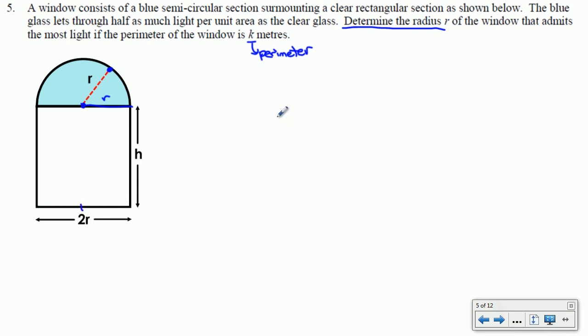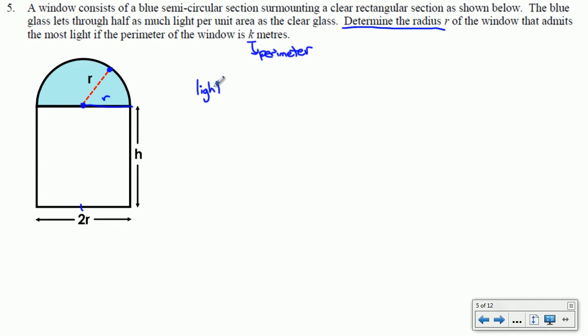So first we can start off with a little bit of unit analysis. We have light per unit area to deal with. So if we have a particular area and we know this lets through twice as much light per unit area as this, we can maybe see if we can maximize the total amount of light making it through the window.